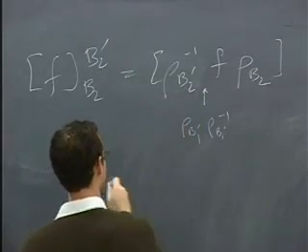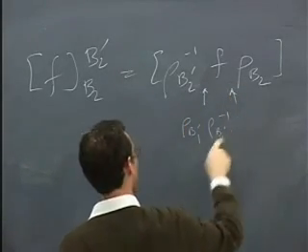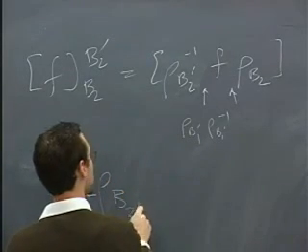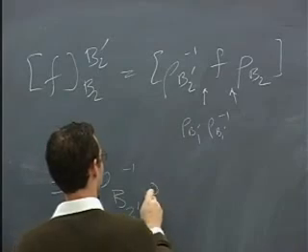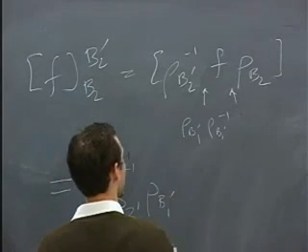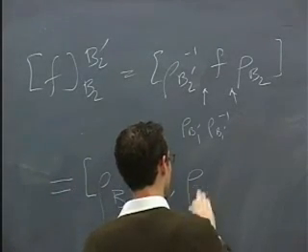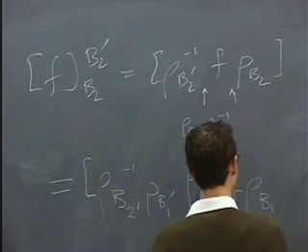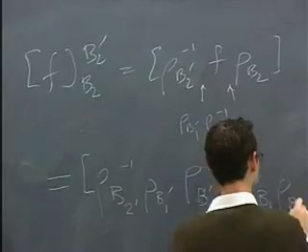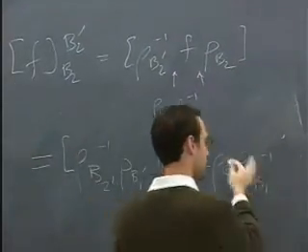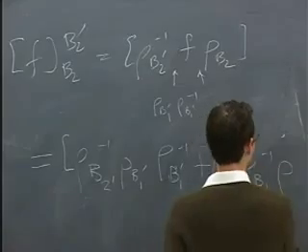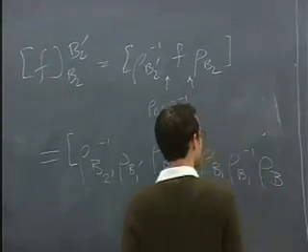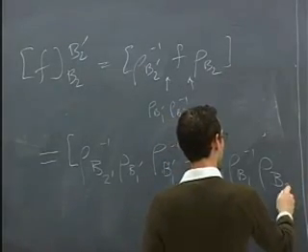So I'm certainly allowed to insert it here. And I can do the same sort of thing over here. So let me write that out completely explicitly. I can rewrite this as rho B2 prime inverse rho B1 prime times rho B1 prime inverse F rho B1 rho B1 inverse. This thing again is the identity, so I'm just allowed to insert it wherever I want, as long as it's the identity on the right vector space, and it certainly is, rho B2.